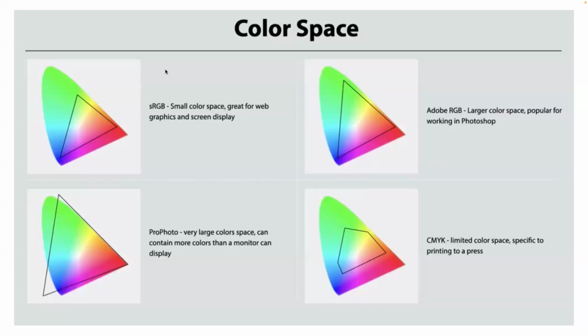So it's actually subtracting color, whereas diodes on a screen are emitting light energy. And the brighter they are, the brighter the color. So it's actually adding more color.